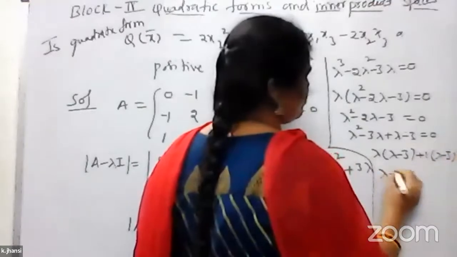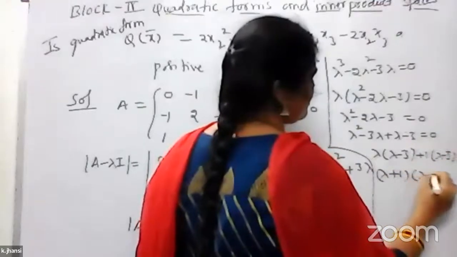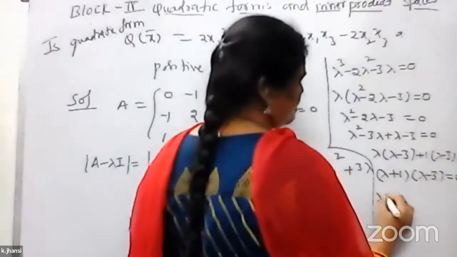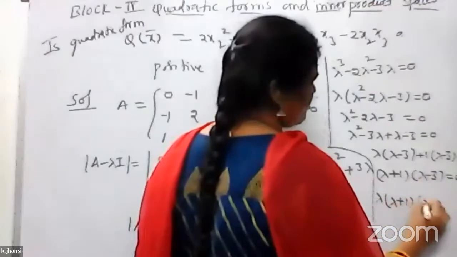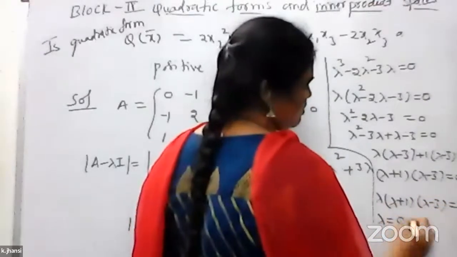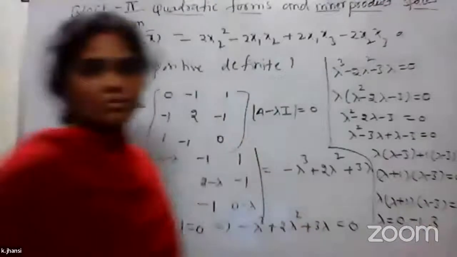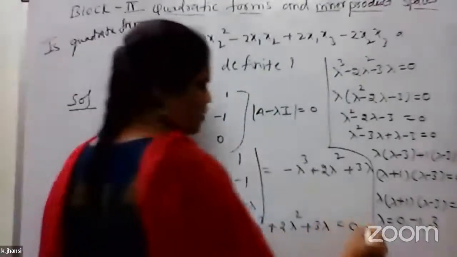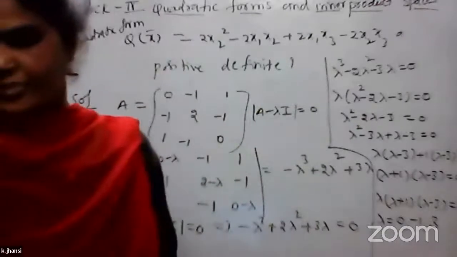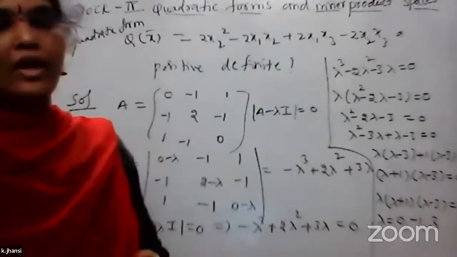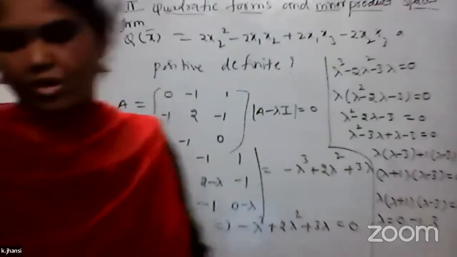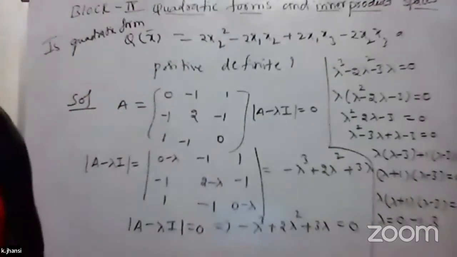I hope you know how to find the roots. So this is lambda into lambda plus 1 into lambda minus 3 equals 0. So the values are 0, -1, 3. We got one negative value, so it is not positive definite. Negative definite we can tell, or it is indefinite.